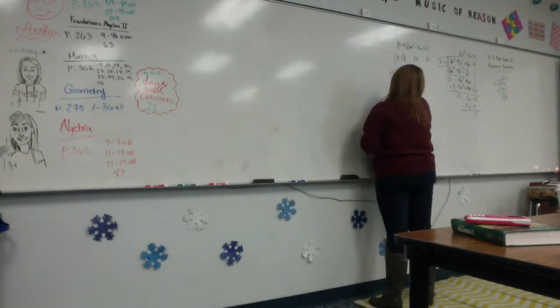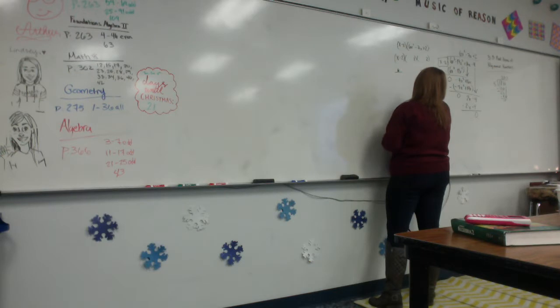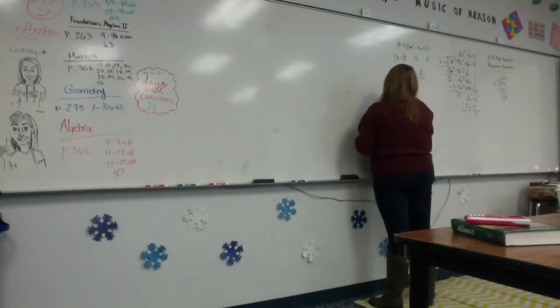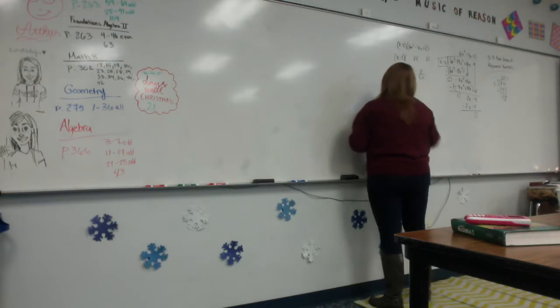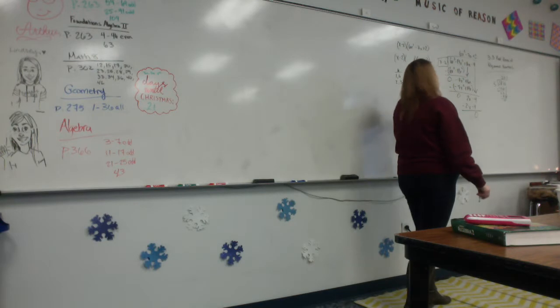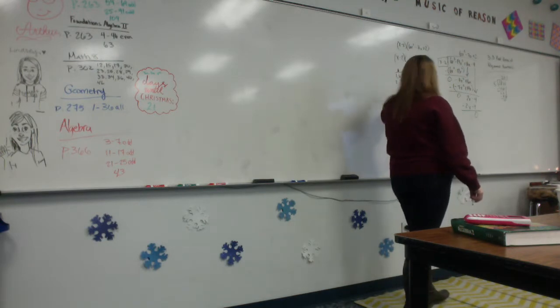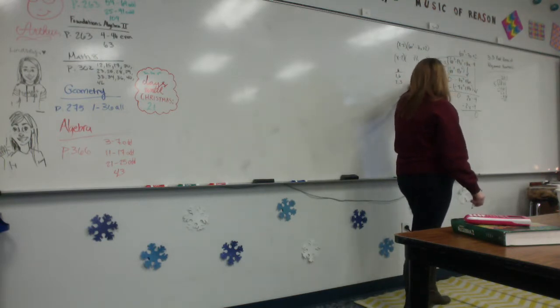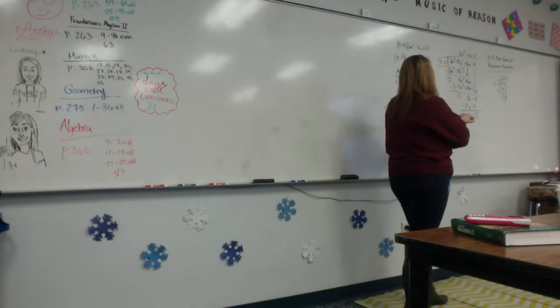So if I take my leading coefficient of 6 and my end number, those are the multiples of it. These are the multiples of 6, okay? 1 times 1 is 1, 6 times 2 is 12. That won't work. But if I do 6 times 1, I get 6, and 1 times 2 gives me 8.